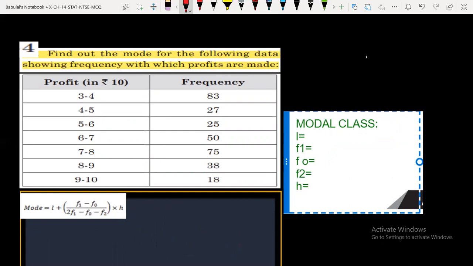Okay, so all these are the frequencies here: 83, 27, 25, 50, right? You please check it out. What is the answer?